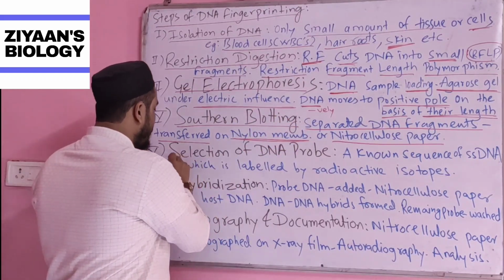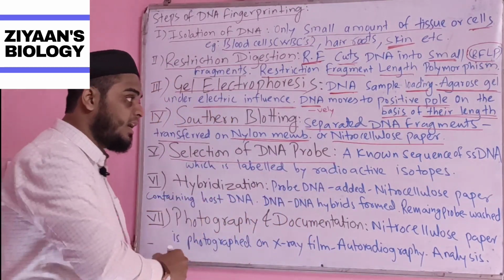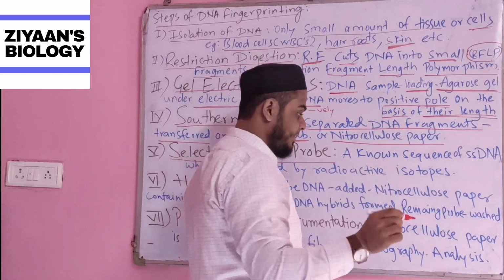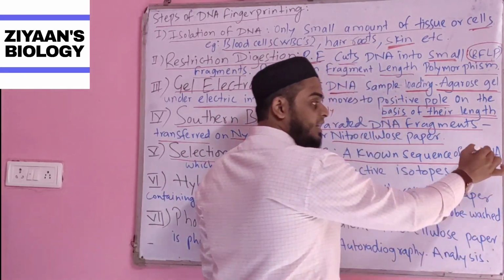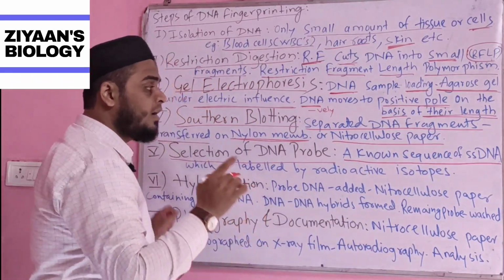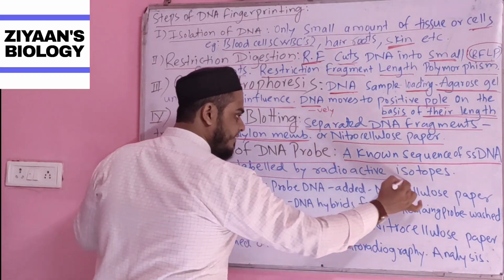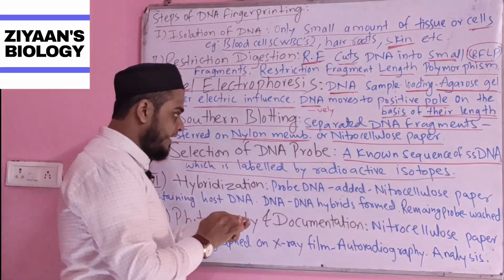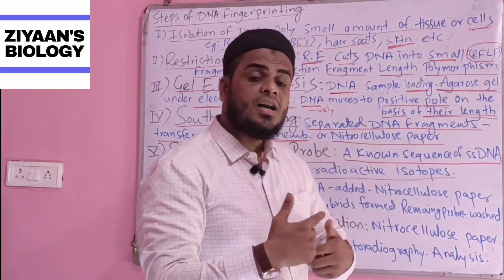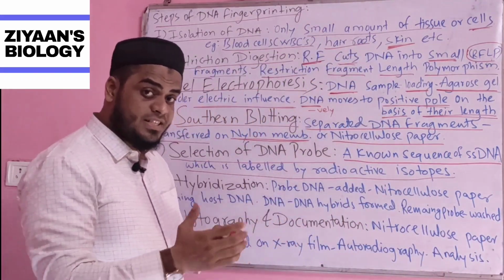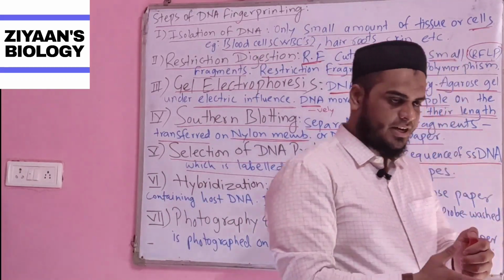Now you have to deal with another DNA probe as well. You have to select another DNA probe, and I repeat, a known sequence of single-stranded DNA which is labeled by radioactive isotopes. Normally DNA is double-stranded, but here you are using single-stranded DNA.